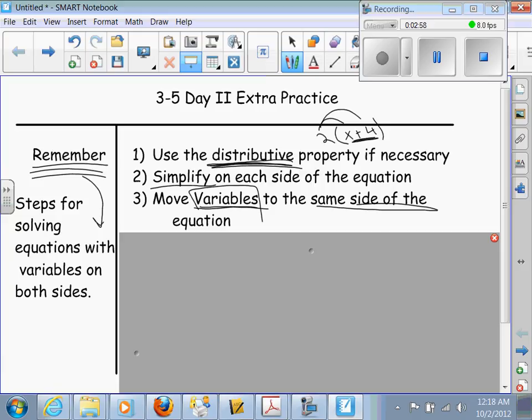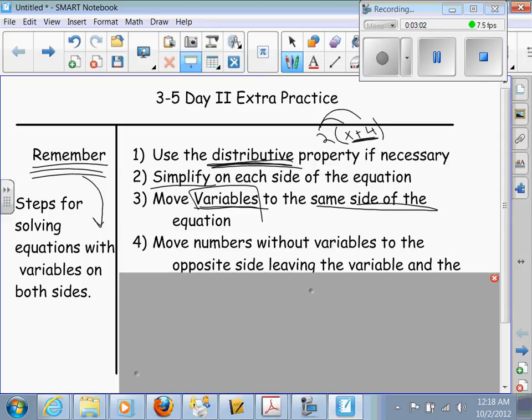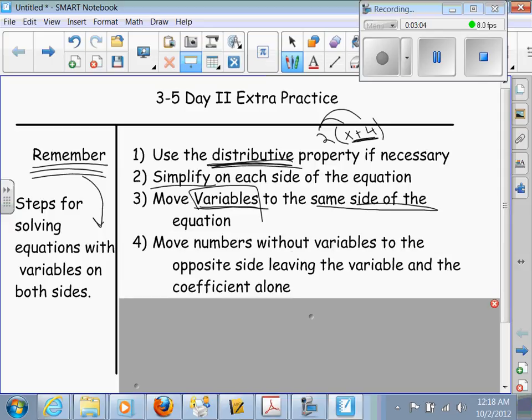All right, so now that we've moved the variables, the next thing that we want to do is move the numbers that don't have variables to the opposite side, and we end up leaving the variables and the coefficients alone. The variables themselves with the coefficients. What I mean by that is like I'm leaving things like 2x equals whatever numbers were in the problem on the other side.